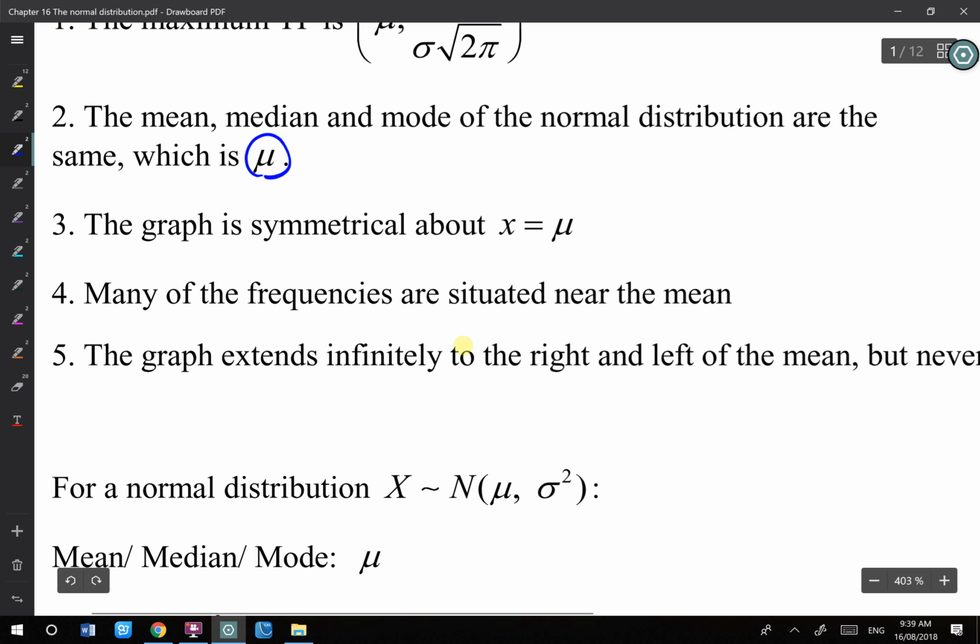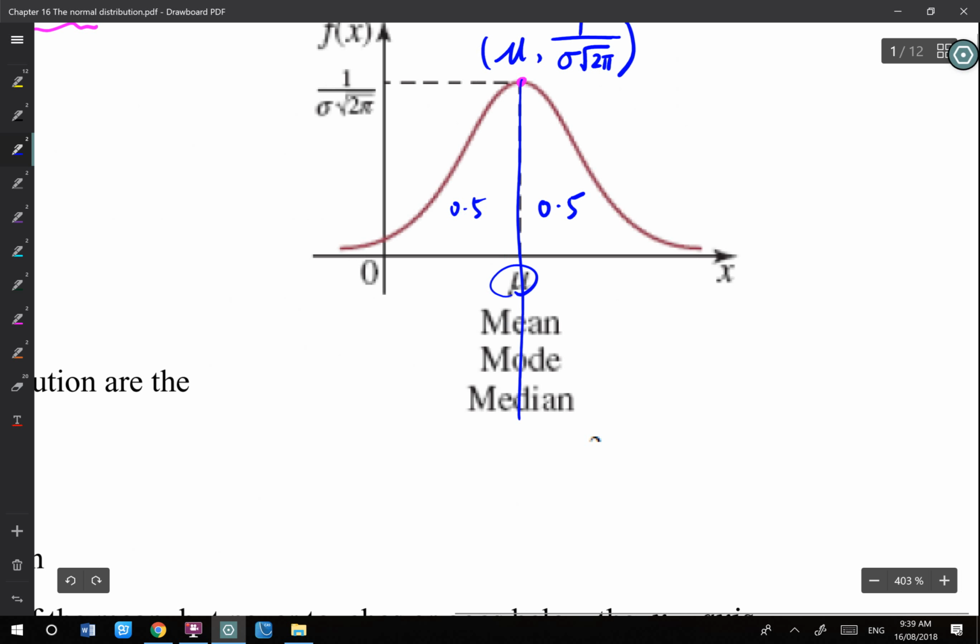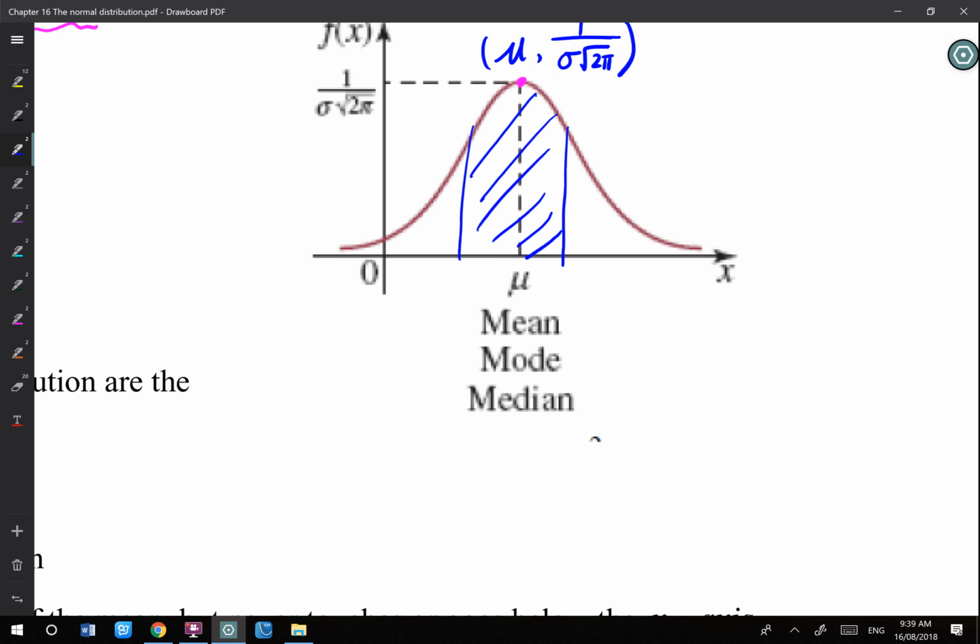Most of the frequency is situated near the mean. What does that mean? Close to mu, can you see here? More probability here, like this is a large area under the curve.